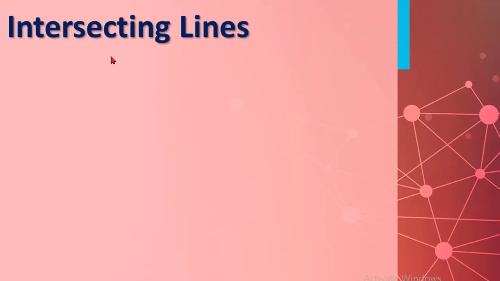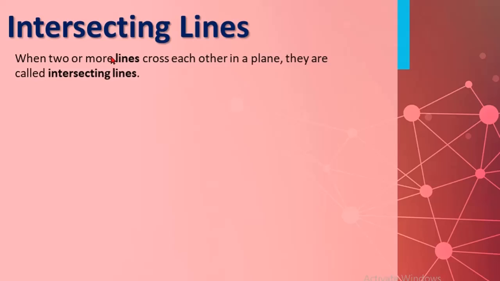We have already completed lines, so now we'll see what intersecting lines are. When two or more lines cross each other in a plane, they are called intersecting lines. Here in the slide you can see this type of figure.